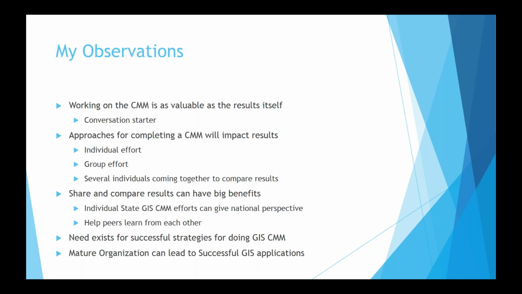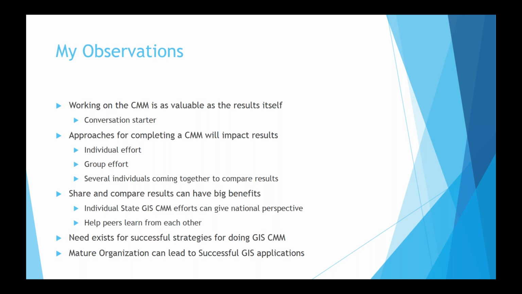I also noticed that the way a state DOT goes about completing a CMM can certainly impact the results. This goes back to making sure that they understand the maturity model and getting buy-in. Some states, when they went through this process, had basically one person go through the model itself, answer the questions, and represent the whole agency.